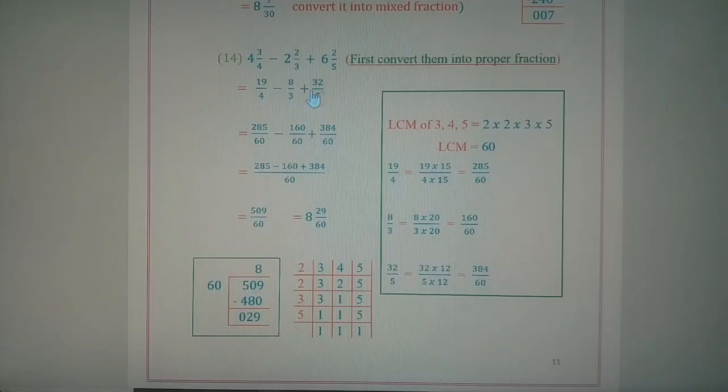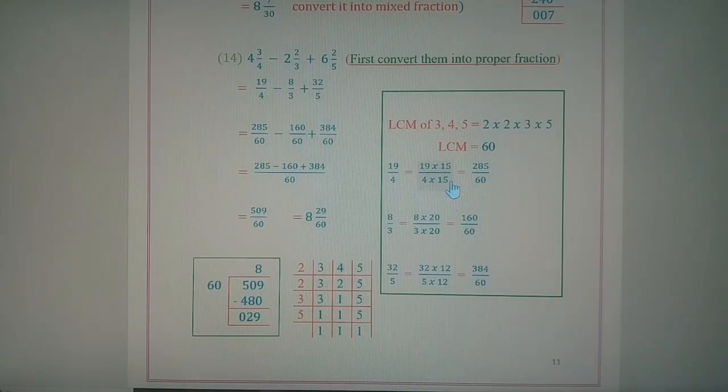Now these three fractions have to be converted into their equivalent fractions such that their denominator becomes the LCM integer 60. So in the rough column I have done it. The first fraction is 19 upon 4. 19 upon 4 should be multiplied with such a number that the denominator 4 should be converted into 60.